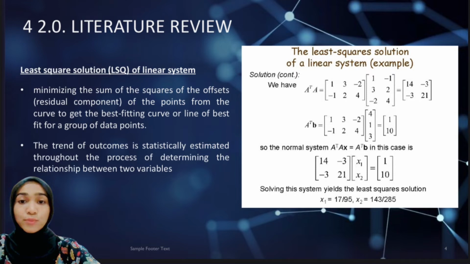The least square approach involves minimizing the sum of the squares of the offsets, which are the residual components of the points from the curve, to get the best fitting curve or line of best fit for a group of data points. The trend of the outcome is statistically estimated through the process of determining the relationship between the two variables.